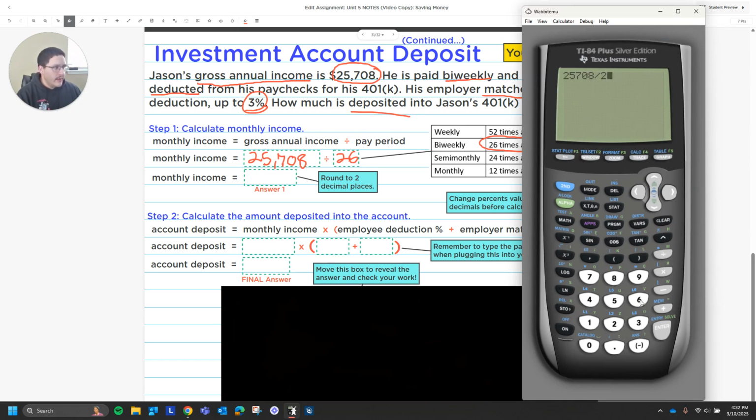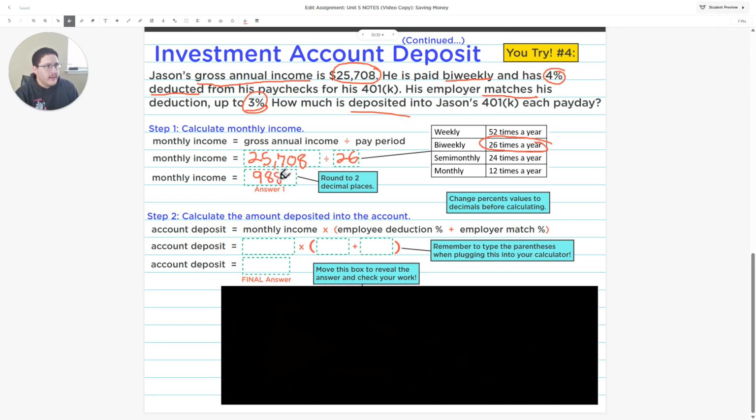25,708 divided by 26, and we have $988.77. This is how much he gets paid bi-weekly. So now, to figure out how much will be deposited into his account, we're going to take that value, 988.77, and multiply it by the decimals of the employee deduction and the employer match percent.